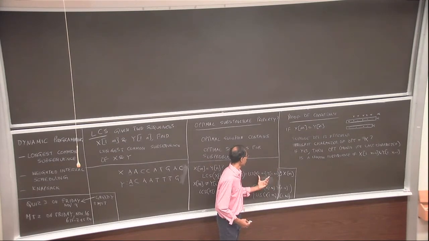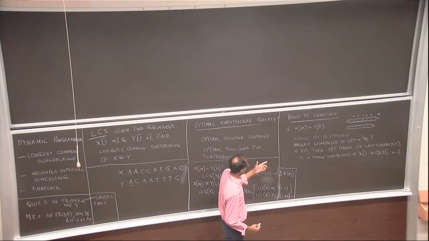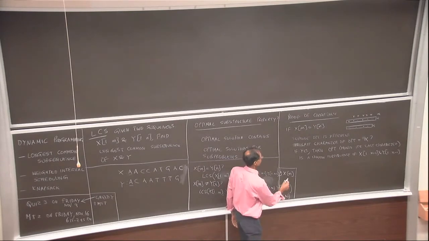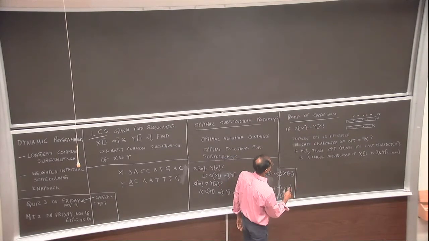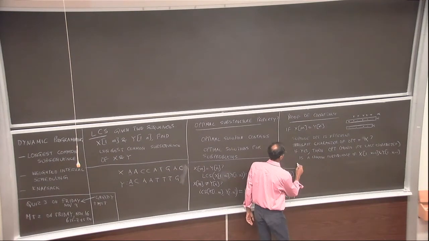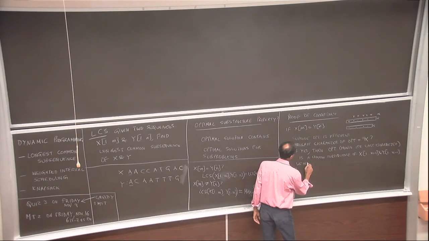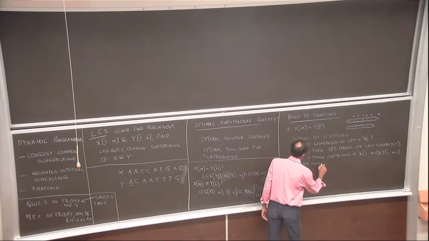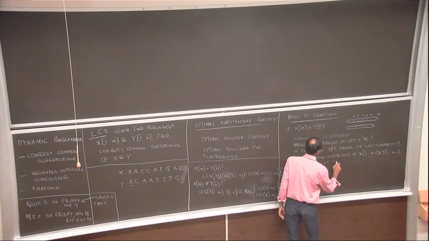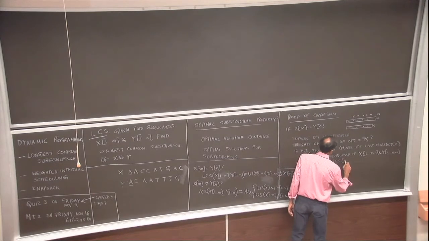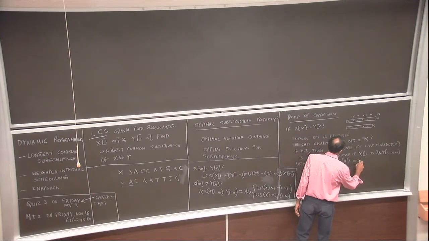Okay, so if OPT is different, then this is a common sequence of x 1 through m minus 1, and we are selecting the longest common sequence of y 1 through n minus 1.